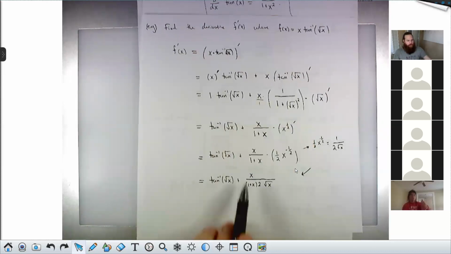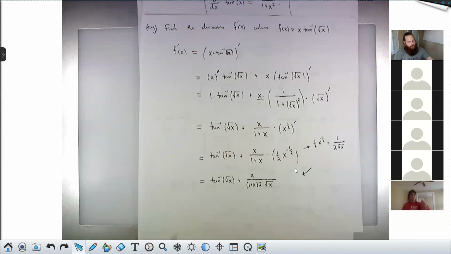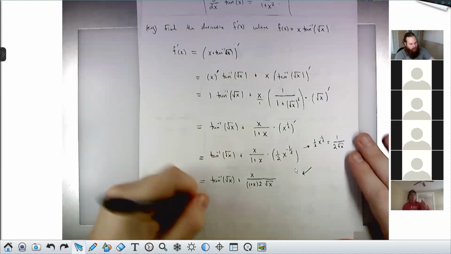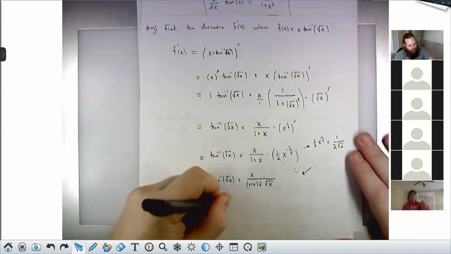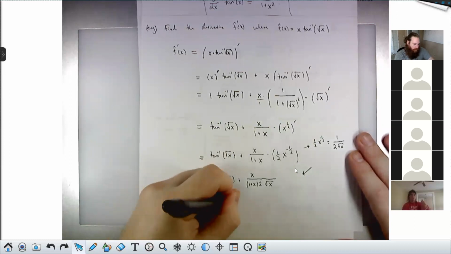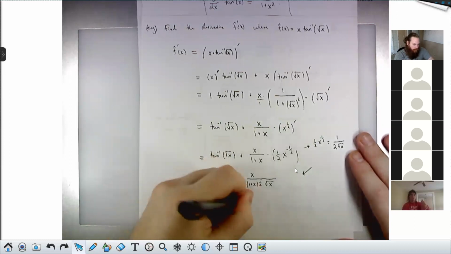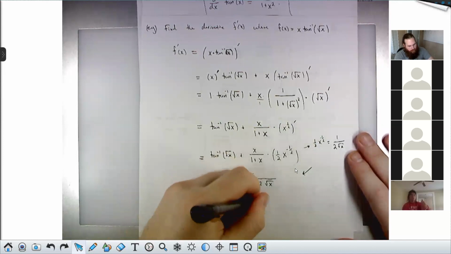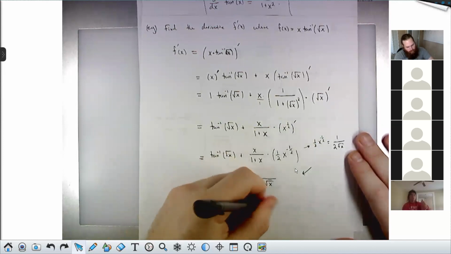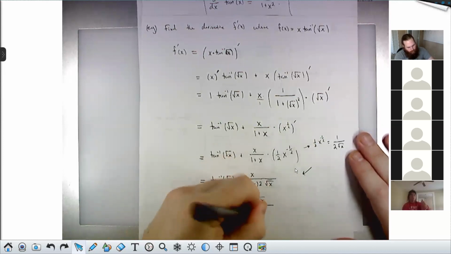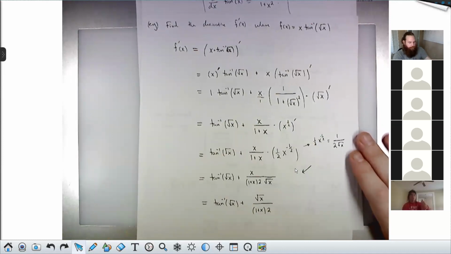And x over root x, these two pieces can interact. X over root x is root x. So this is root x over 1 plus x times 2, like that.